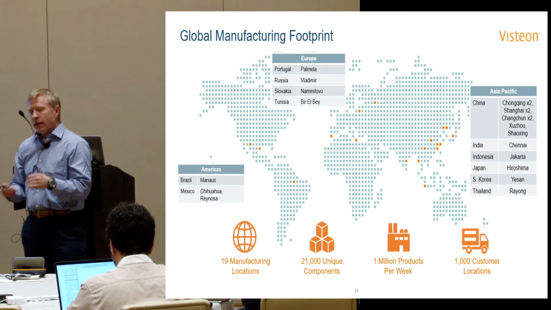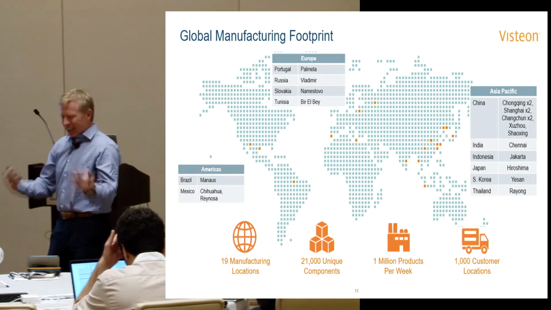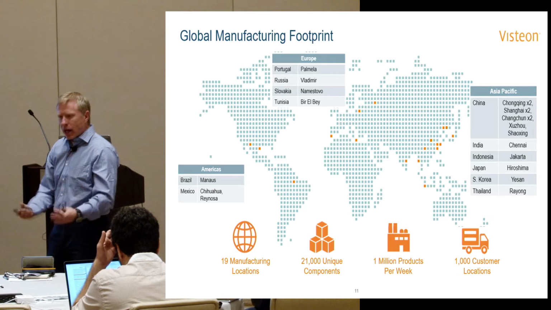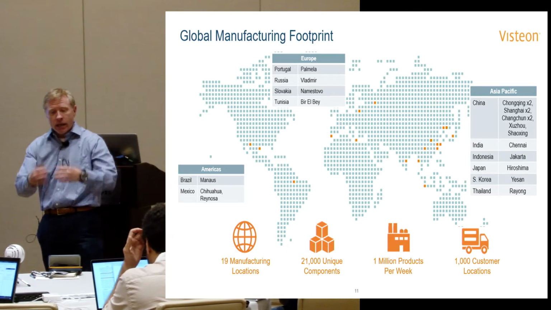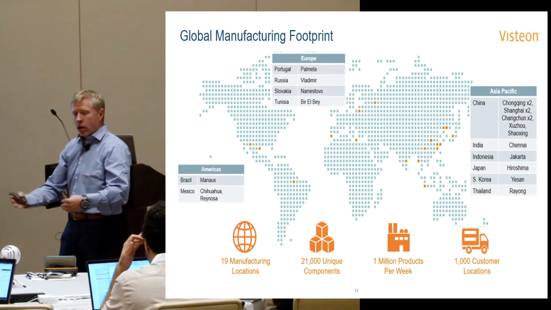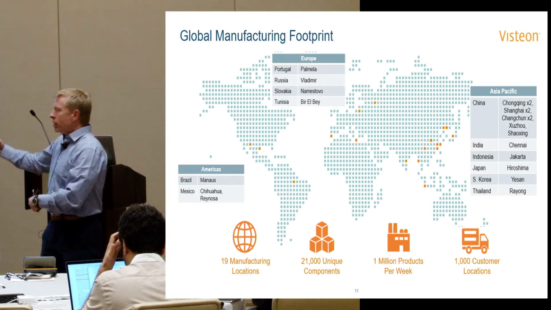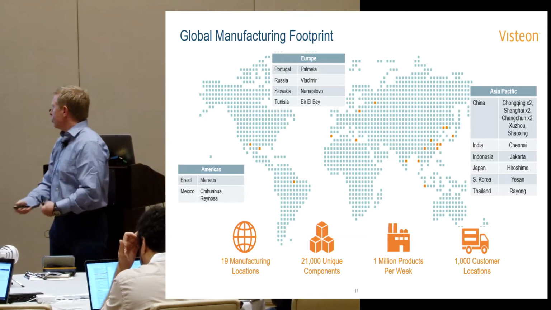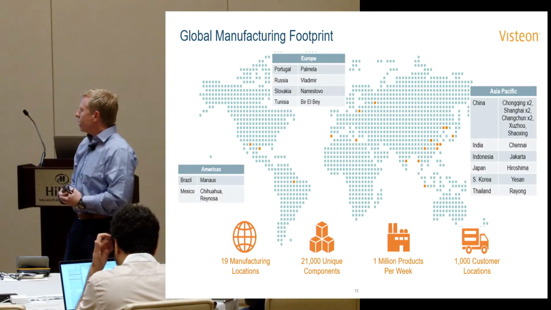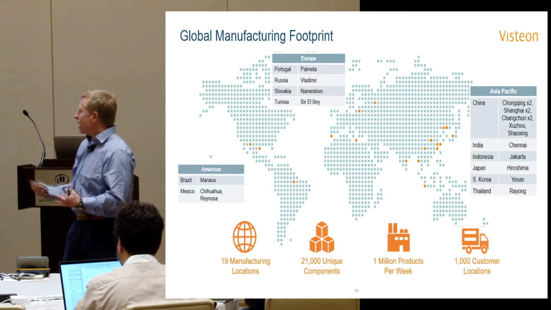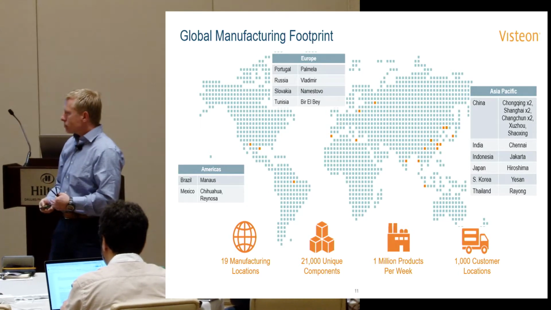Manufacturing footprint. As a tier 1 supplier, we provide complete solutions to the automotive manufacturers, meaning the entire instrument panel or an entire radio or the like. So this gives a footprint. We have about 1 million products per week that we run out of 19 different locations.